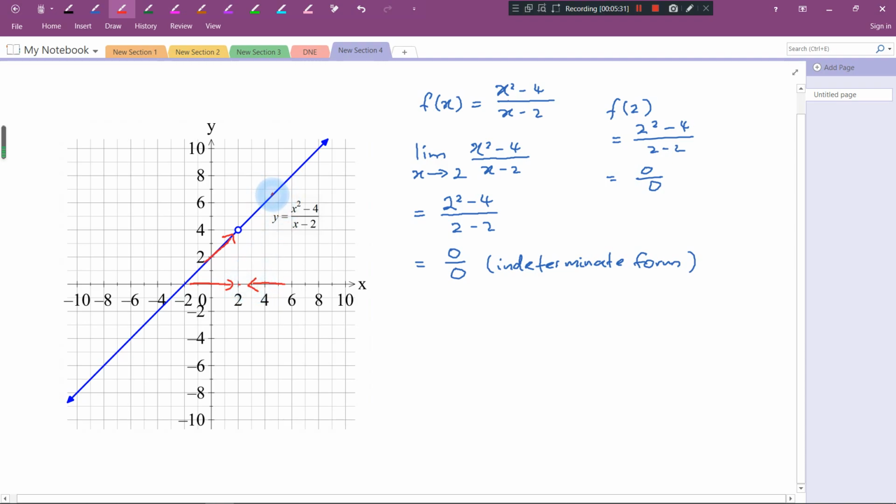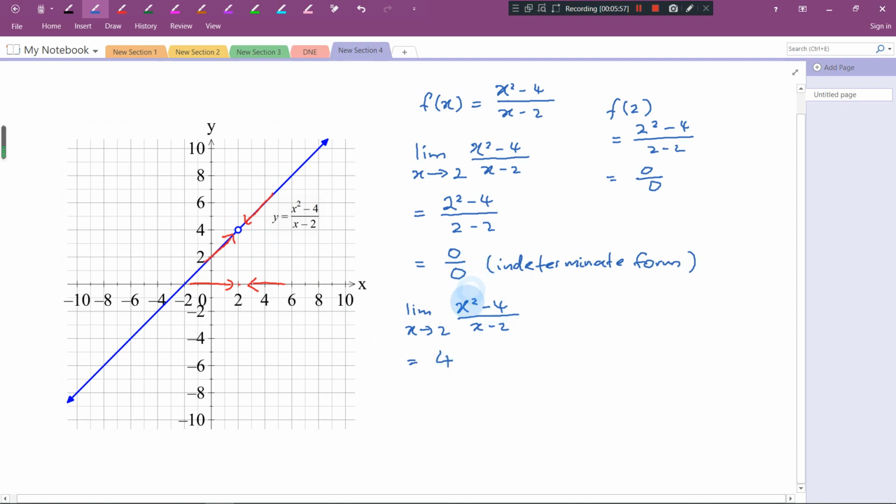The same thing happens. The value of f of x becomes closer and closer to 4 as well. By looking at this graph, we know that the limit of this function as x approaches 2 is equal to 4, because they are heading to 4, right?